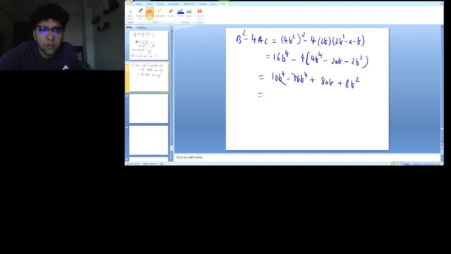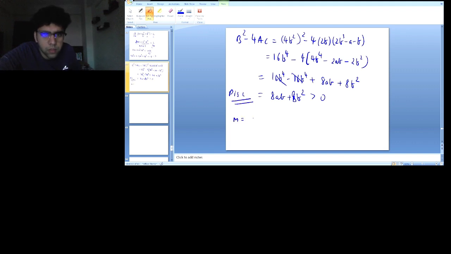This goes away. This gives me 8ab plus 8b square. Let me just check. 4b square whole square minus 4 into a 2b into 2b cube minus a minus b. So this becomes 4b to the power 4 minus 2ab minus 2b square. Now opening this bracket, 16b to the power 4 goes away, plus plus, right? So this is greater than 0. So my discriminant is greater than 0.